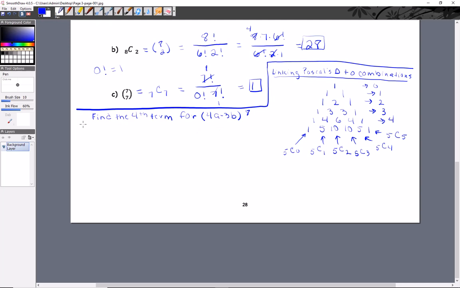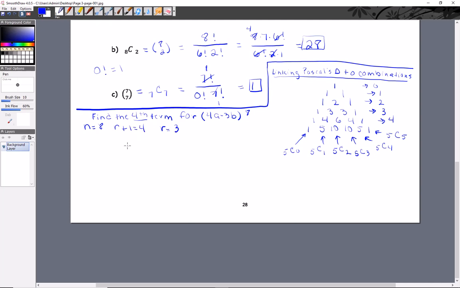All right? Remember here that n is 8. And what we want to do is find what r is. And remember, this right here is your r plus 1th term. So r plus 1 equals 4. That means that r is 3. Okay?